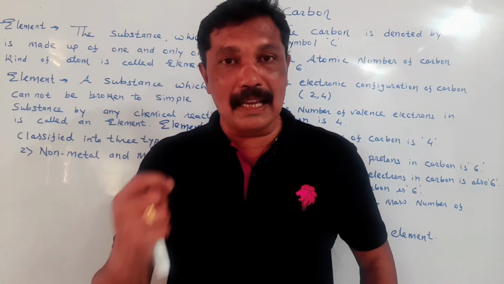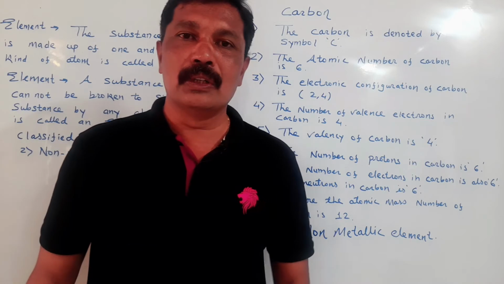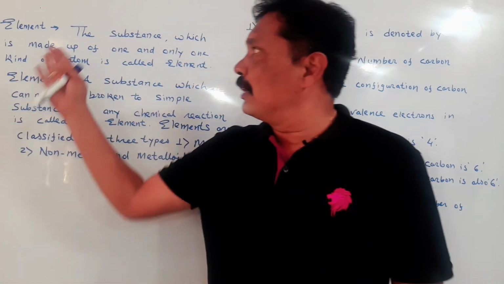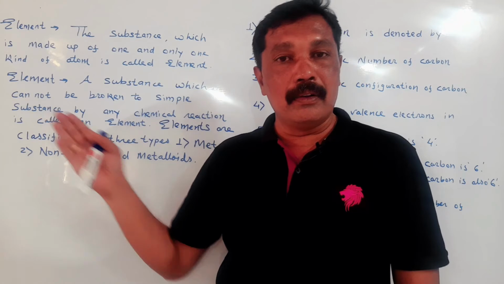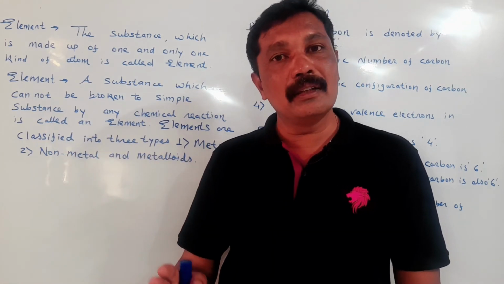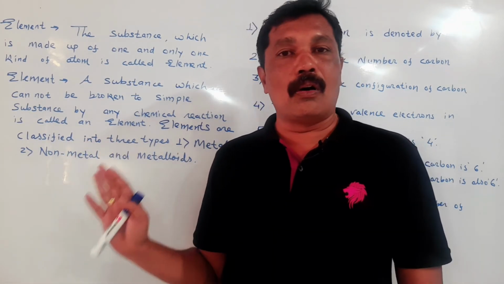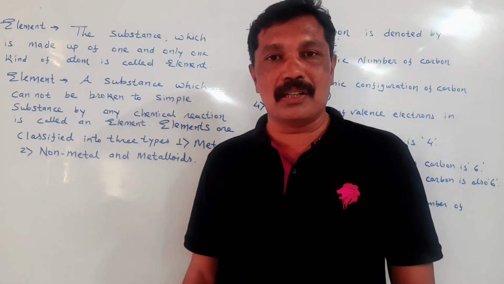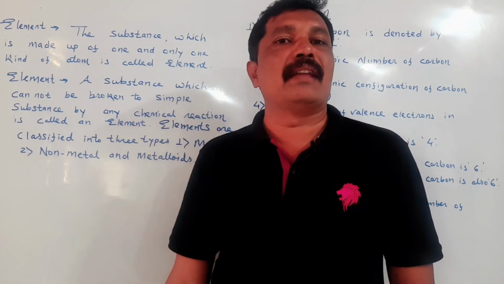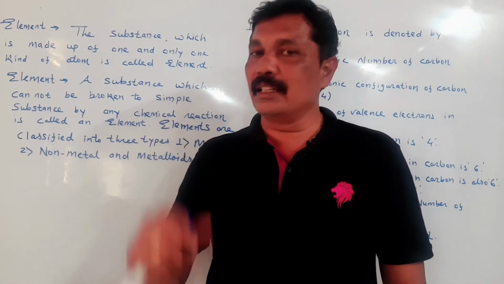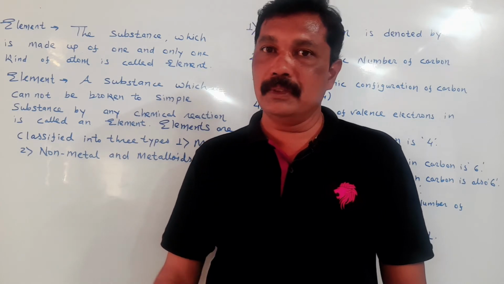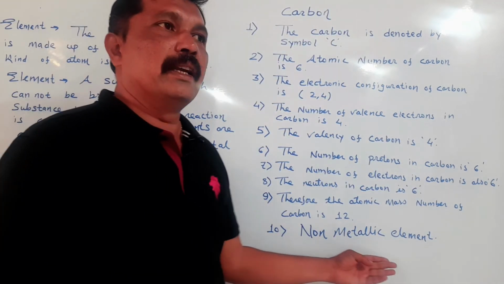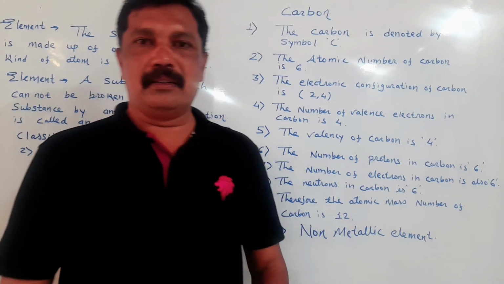But directly saying this to you, I have arranged the syllabus in such a way that we will again have a revision of element from 7th standard and also from higher classes. And from higher classes information in 9th standard, while we are studying carbon as an important element, it is told that carbon is not a metallic element.